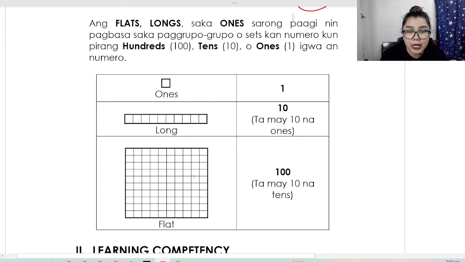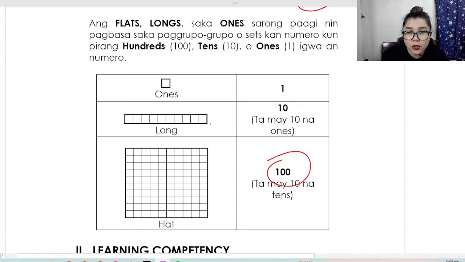If you see a big square with small squares, do not count them one by one anymore, because it's understood na 100 siya.